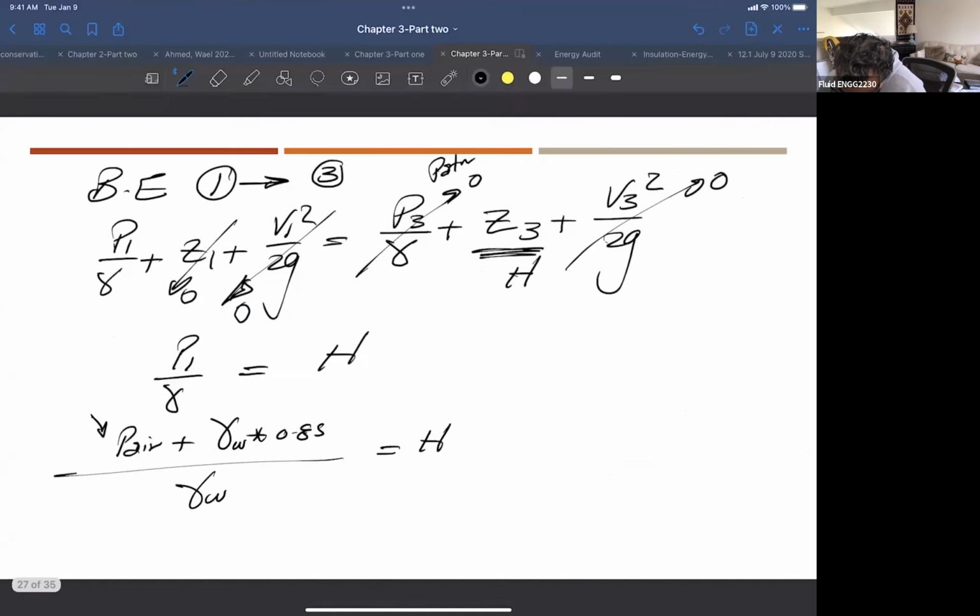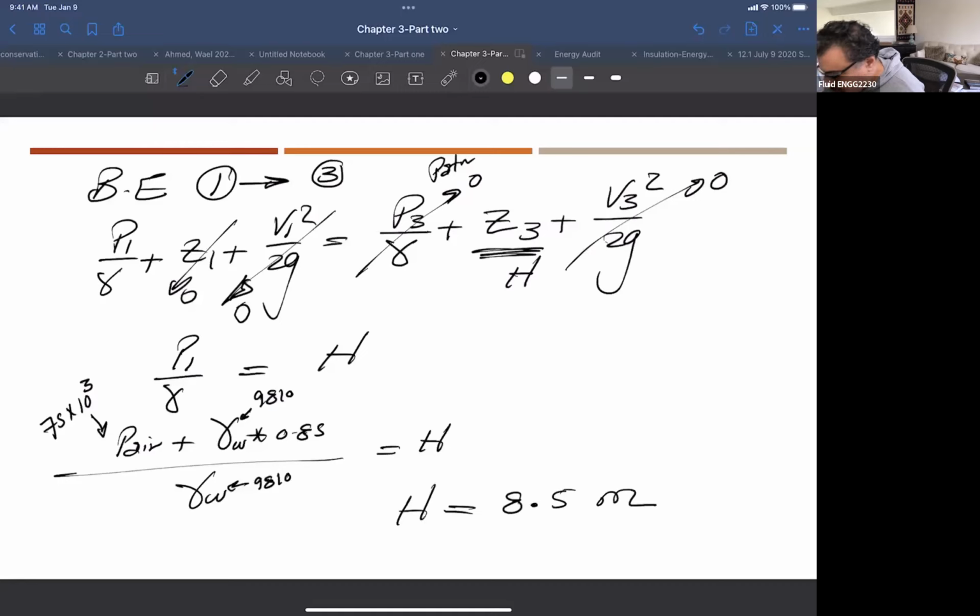So 75 times 10 to the power 3, and gamma here is 9810, right? So if we solve this problem, H here is 8.5 meter. See here, it's becoming a very simple problem. You make it simple by selecting the right points and you apply the right condition between those 2 points, okay?